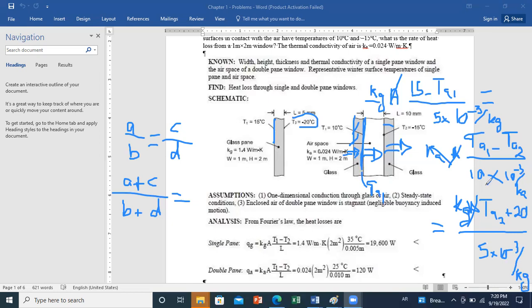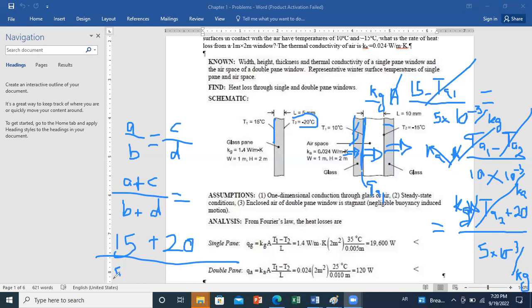minus 20. What will happen is that these terms will cancel out because you have minus TA1 plus TA1 minus TA2 plus TA2. So in total you'll get 15 plus 20 over this whole term, and you add all denominators together.